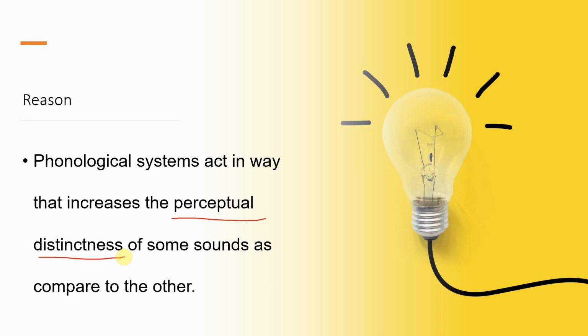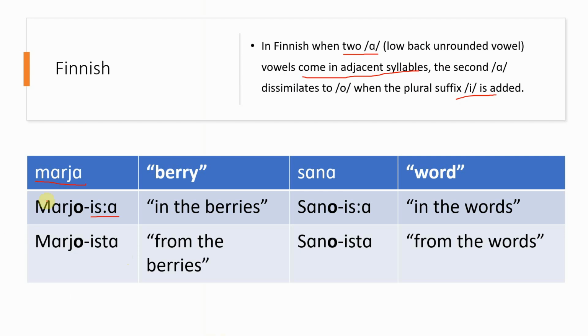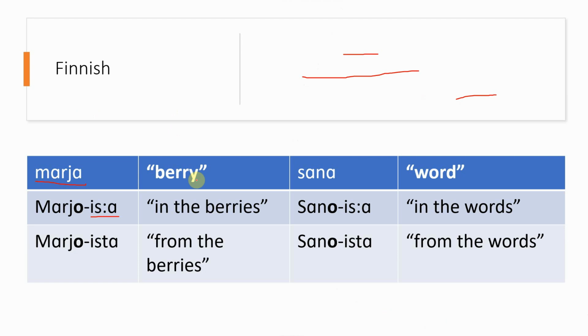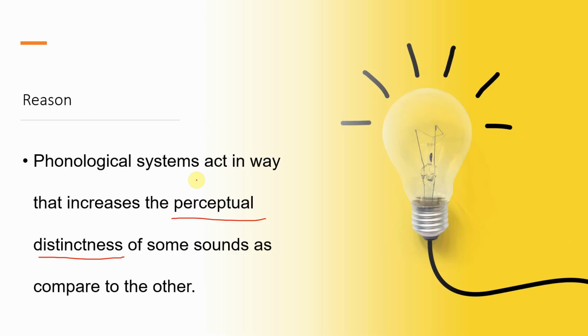For example, instead of saying "fifth", saying "fift" is more prominent and distinct. So these things tend to happen naturally. This is the reason behind most phonological processes.